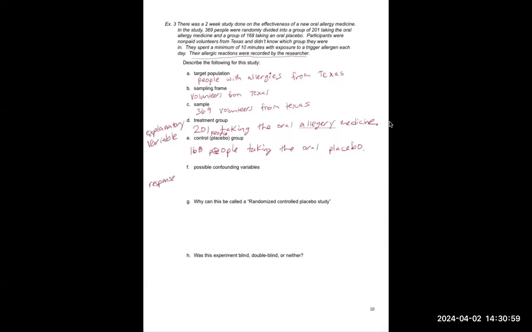So the explanatory variable is the allergy medicine. The response variable is the allergic reaction. Hopefully, if the medicine is working, they have no allergic reaction, right?